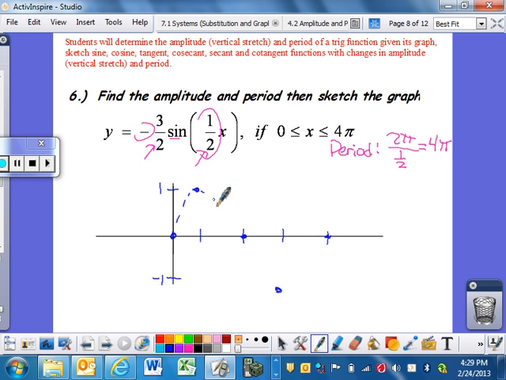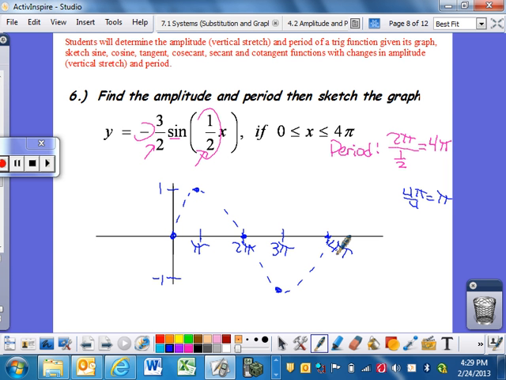And if I would sketch this out, what would my period affect? Now my period's 4 pi. So how far apart are all 4 coordinate points? If I go 4 pi divided by 4, I know I'm pi units apart. So this would be pi, 2 pi, 3 pi, and that makes that 4 pi. Now that is your sine curve for the correct period in this problem.